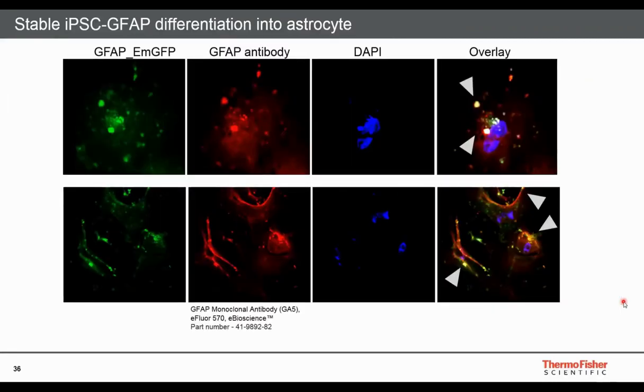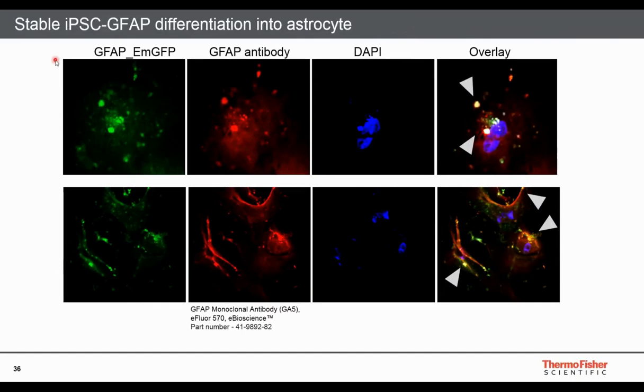The second thing we did was then to confirm if we'd successfully tagged GFAP and it wasn't just being turned on non-specifically in an astrocyte-like cell. So what we did is we looked for our GFAP EM-GFP signal. We then stained the cells with a GFAP antibody.